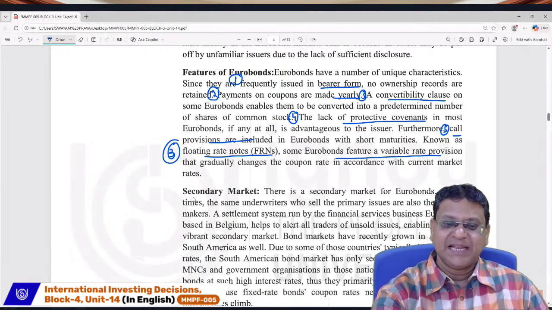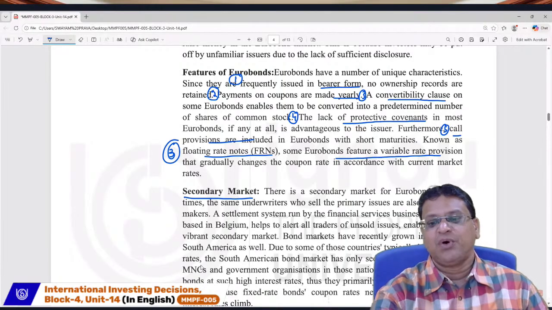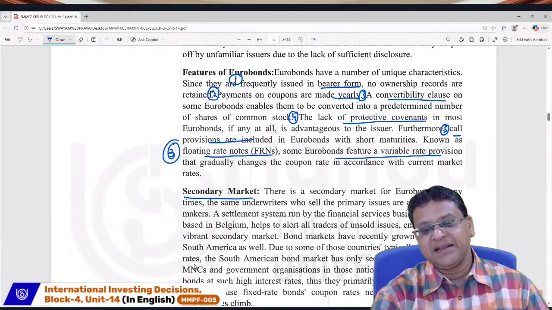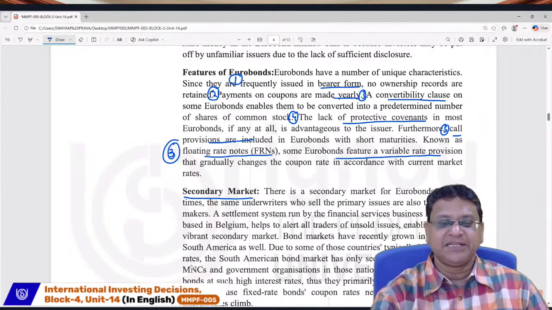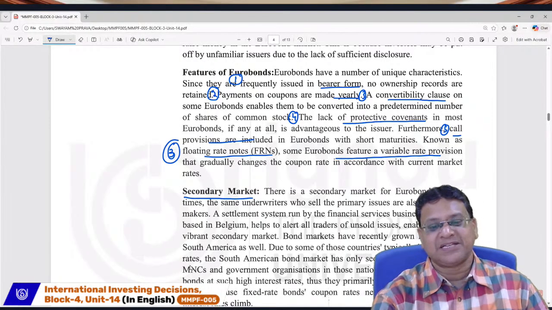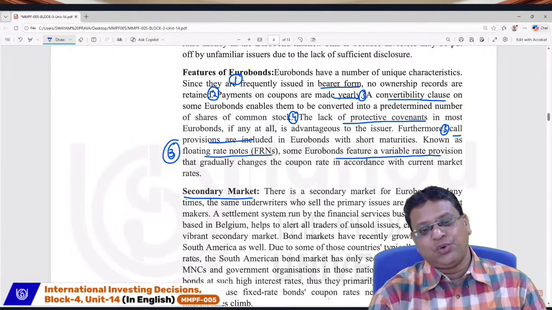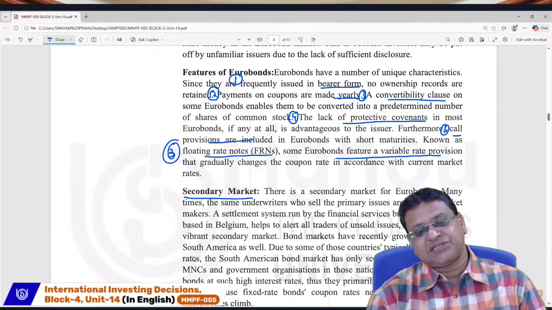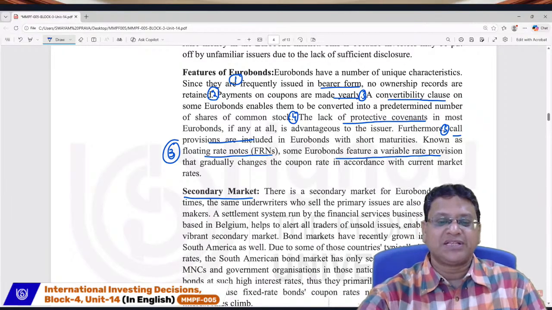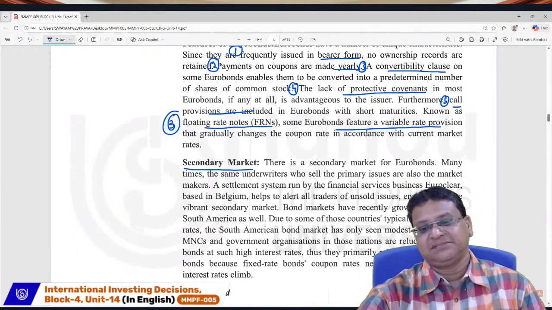Normally, there exists a secondary market for Eurobonds. What is a secondary market for Eurobonds? What is a primary market? Primary market is a market where bonds are issued for the first time. And if the existing bonds are purchased and sold, then it is done in a market that is known as secondary market.